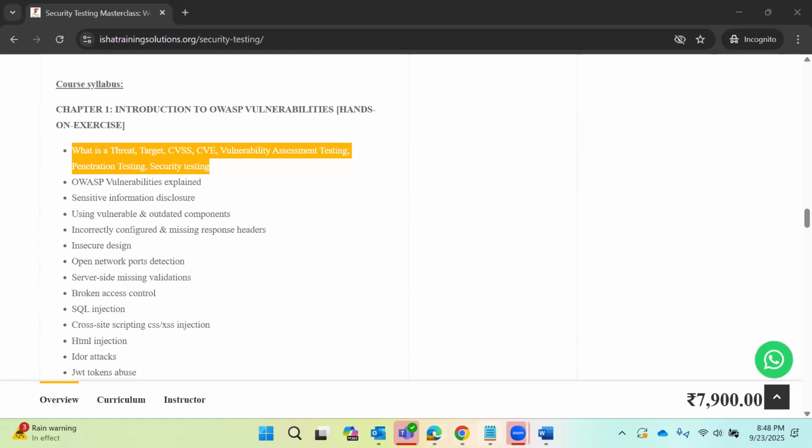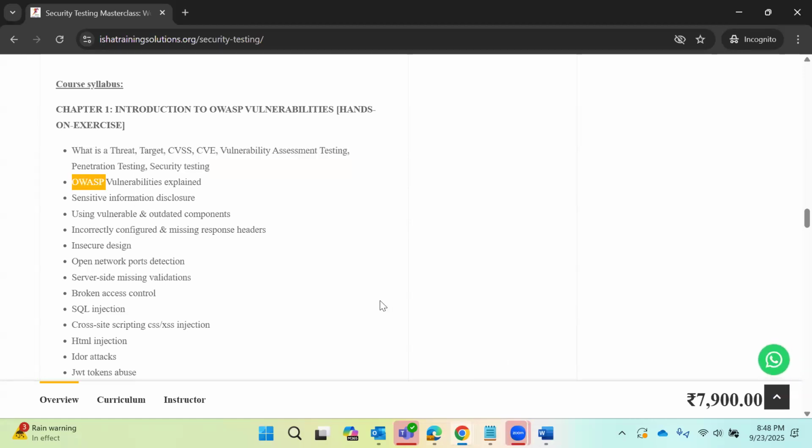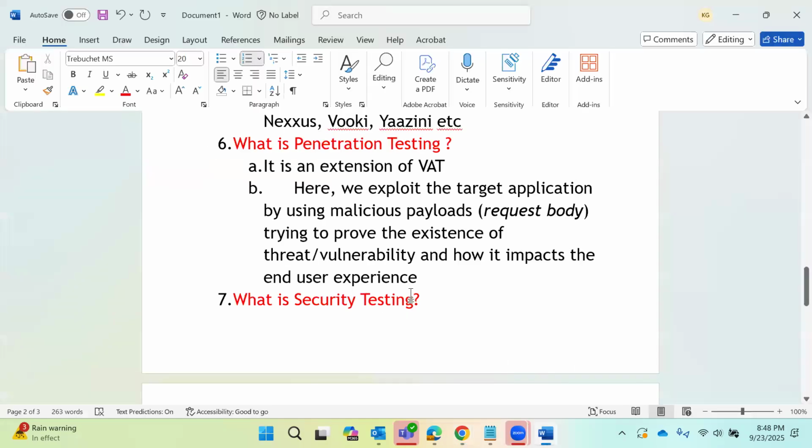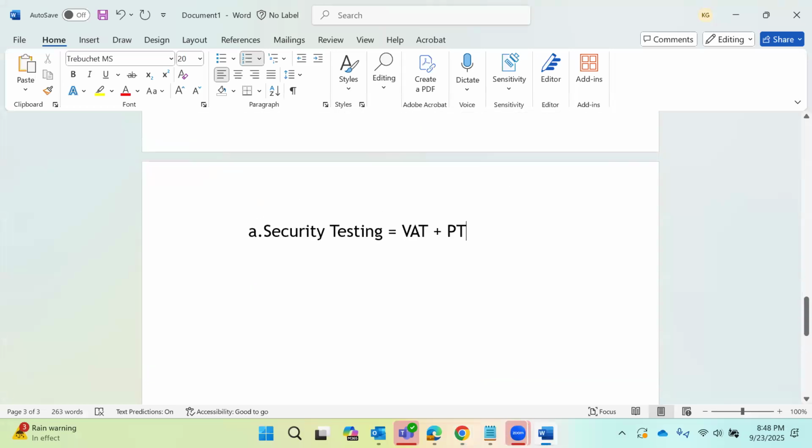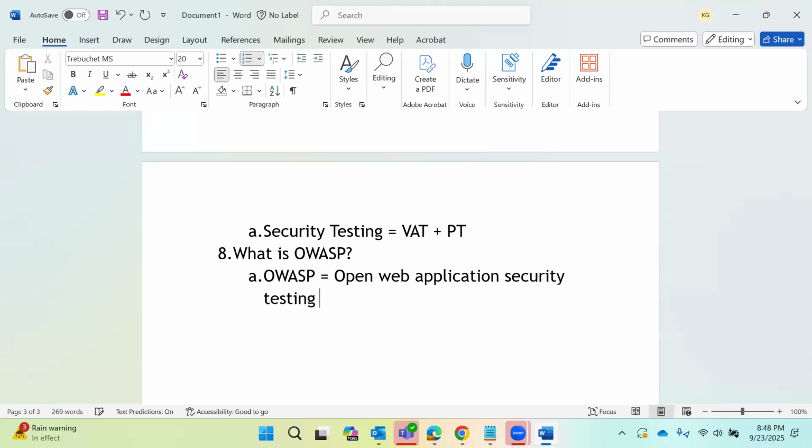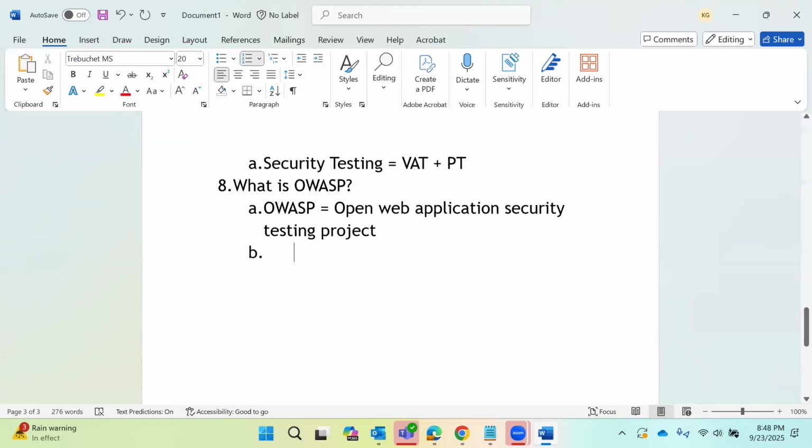There is one more keyword I want to use, OWASP. And that should be the last one for today. What is OWASP? So OWASP stands for Open Web Application Security Project. That's the abbreviation.